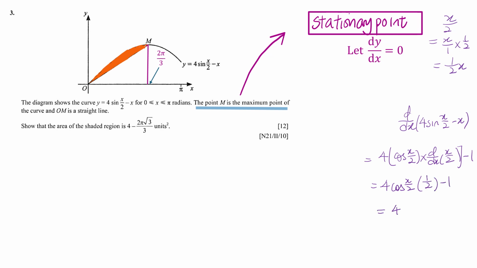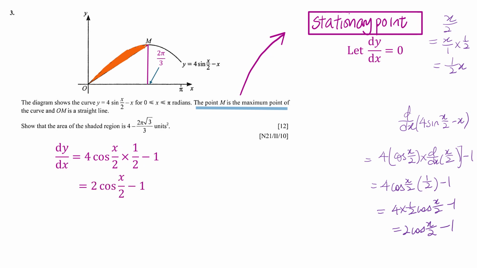And 4 times half will give me 2. That is how I end up having 2 cos x over 2 minus 1. And we're going to let this value equal 0 so that we can find the x coordinate of your point M.